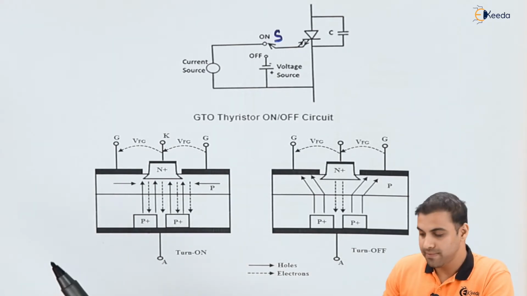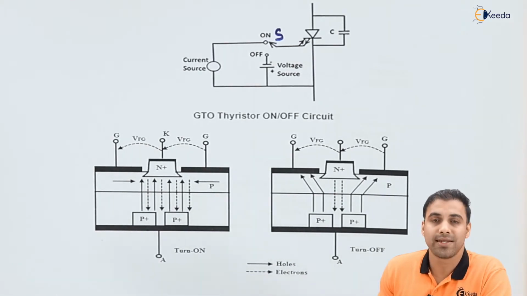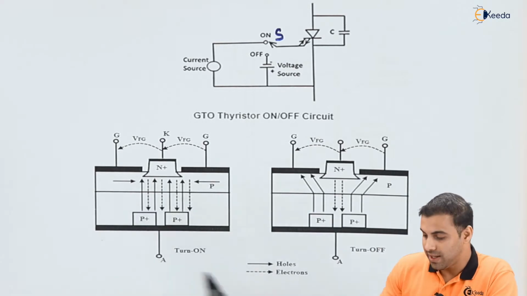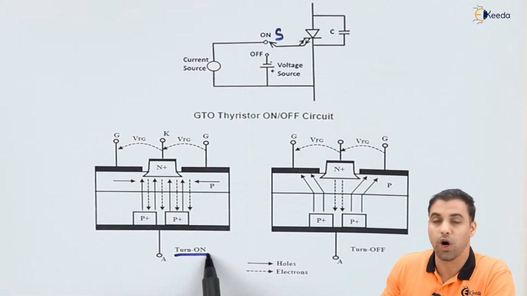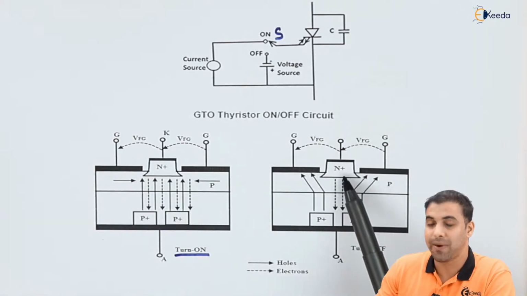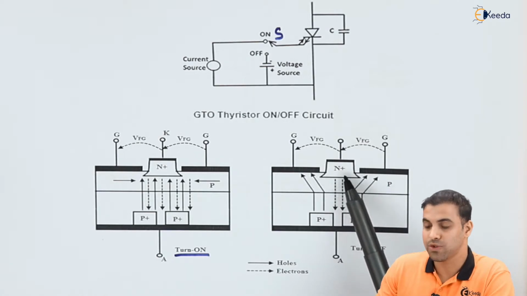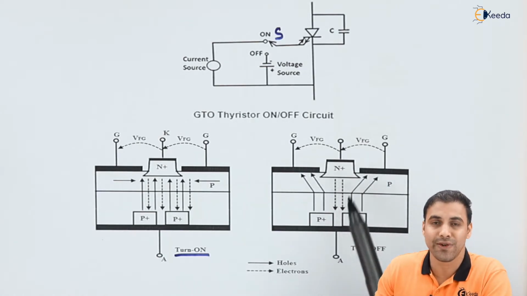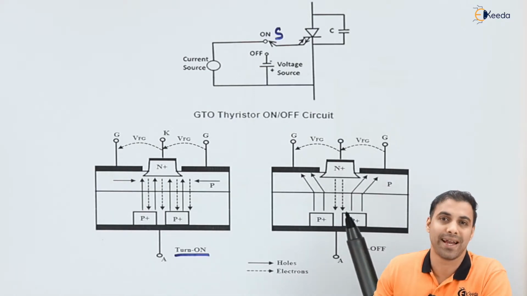The reason being, whenever we supply a positive gate triggering pulse, the GTO starts conducting and the device becomes turned on. Now, in case we apply a negative gate pulse to the gate terminal of the GTO, the N channel becomes overdoped. Because of this, it tries to shrink the P channel.